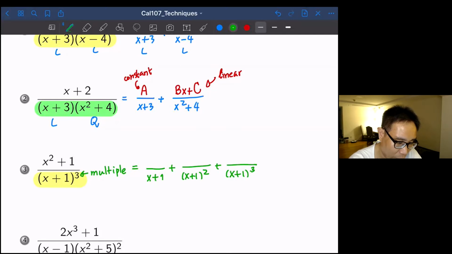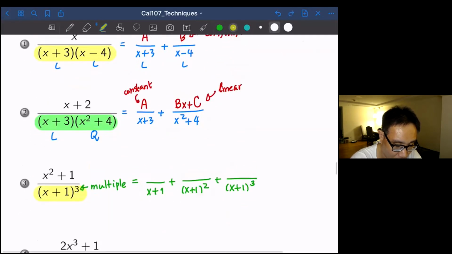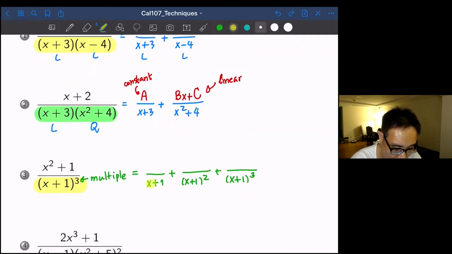And you see that we are not going to care about the multiple. So this one is multiple 1, this one is multiple 2, multiple 3, but we don't care about them. We're going to care only whether they are linear or not. So you see that you have x plus 1, x plus 1, and x plus 1, and they are linear.